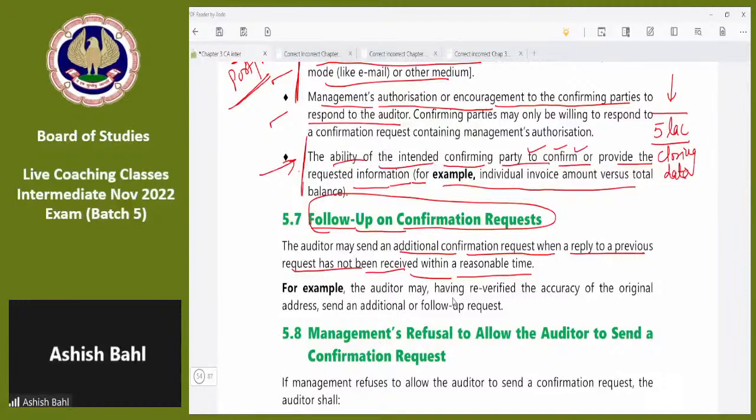Say the auditor has sent a request and the party has not responded. So the auditor might want to take another chance. He may verify the address at which it was sent and he may follow it up. We had sent you the original request, but you have not responded. Kindly respond. So it is a sort of follow-up request.